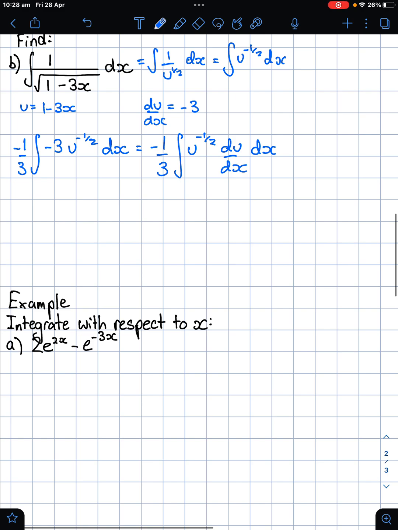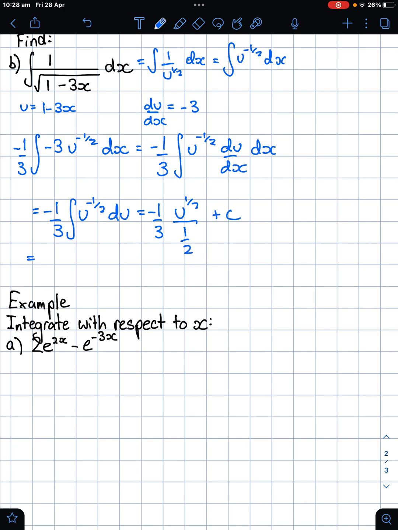So our next step here is going to be equals -1/3, and then I'll still do my integral u to the -1/2, and then that's just with respect to u. Next step, let's do the integral. So we've got our constant, -1/3 out the front. U to the -1/2 is going to give me u to the 1/2 over 1/2, and then plus a constant.